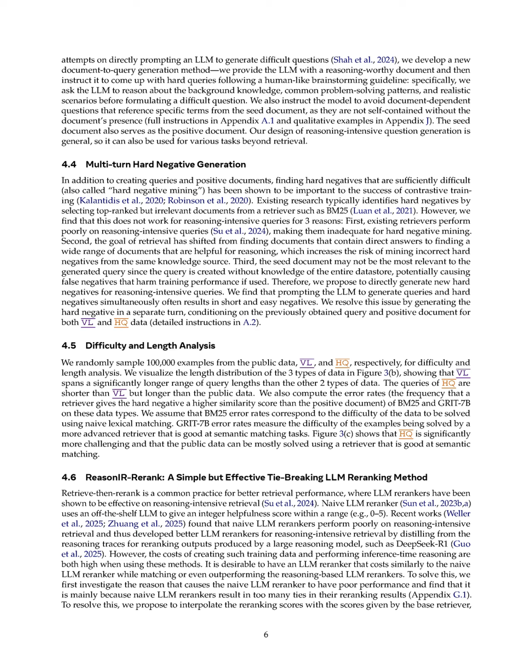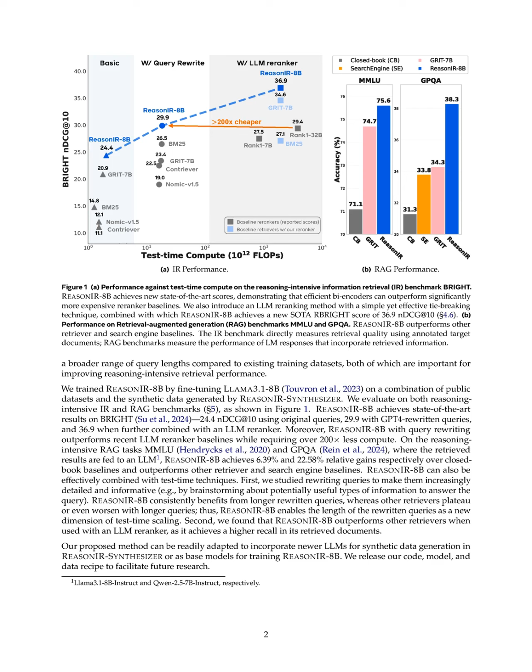ReasonIR-8B achieved state-of-the-art results on the Bright benchmark for reasoning-intensive retrieval, with an NDCG at 10 score of 24.4 using original queries, which improved to 29.9 with GPT-4 rewritten queries, and reached 36.9 when combined with an LLM re-ranker. In comparison to other models, ReasonIR-8B outperformed recent LLM re-ranker baselines, while requiring over 56% less computational resources.